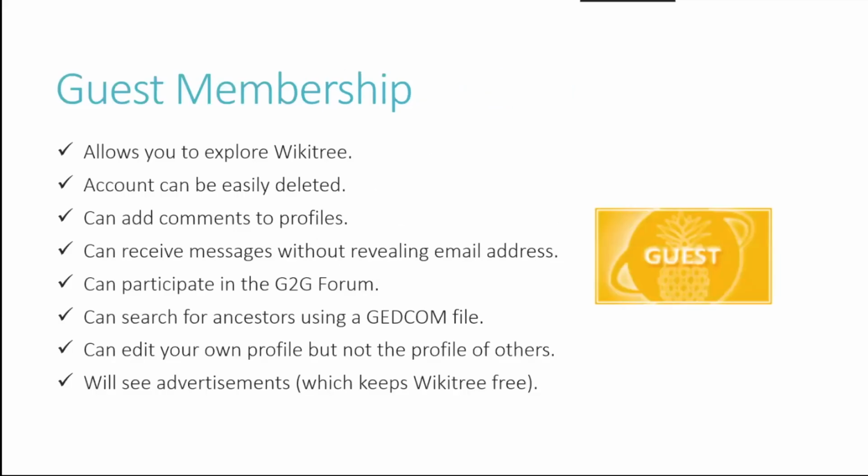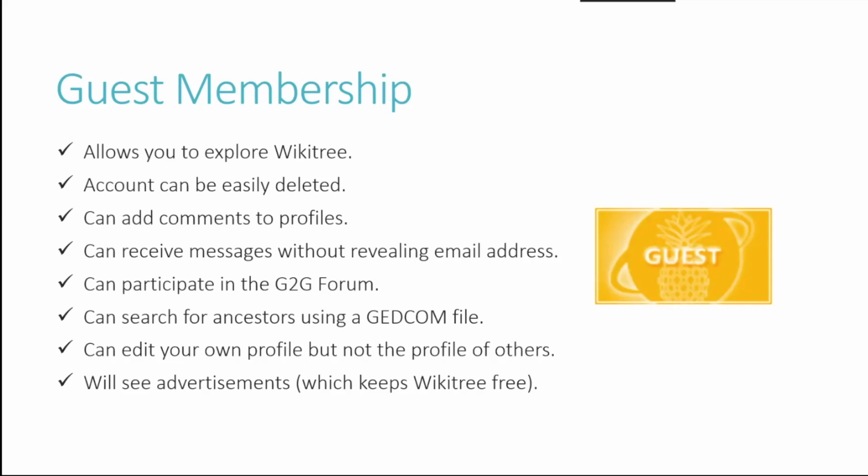So if you join as a guest member, basically that allows you to explore Wikitree. But it's a very simple account with not an awful lot of functionality attached to it. So the account can be easily deleted if you decide that it's not the place for you. What can you do? You can add comments to profiles that are already on Wikitree. You can receive messages without revealing your email address.